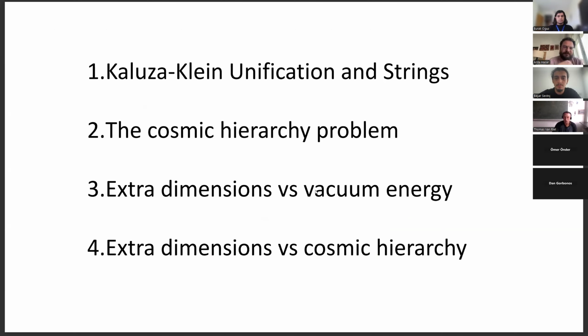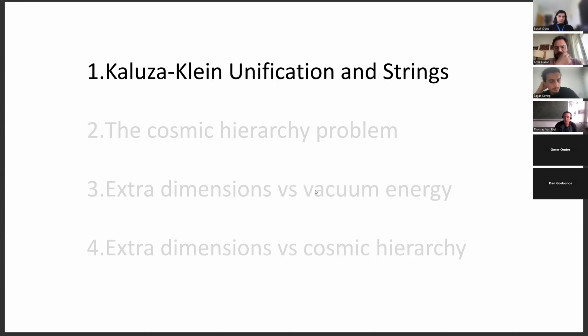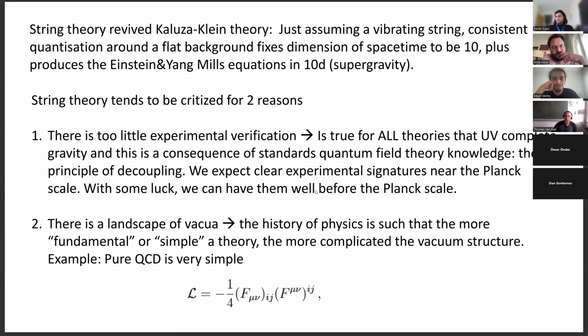All right, so let me start with some general words about extra dimensions and string theory. I would say that string theory revived the old idea of unifying forces in the way of Kaluza and Klein. It does so in a novel way, in the sense that string theory enforces a certain number of space dimensions upon you.